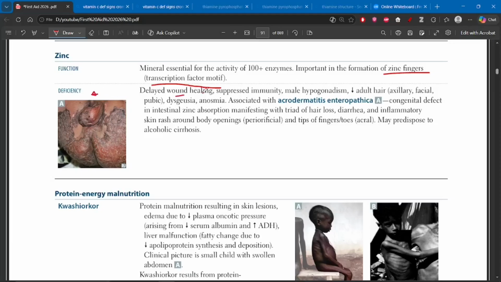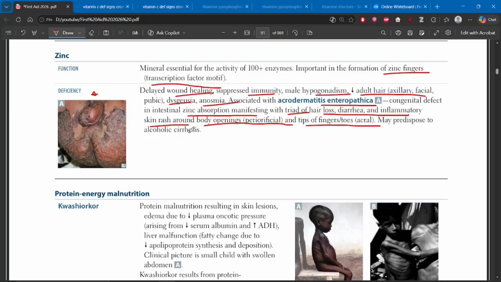It can cause delayed wound healing, suppressed immunity, male hypogonadism, decreased adult hair, dysgeusia, and anosmia. It is associated with acrodermatitis enteropathica, which is a congenital defect in intestinal zinc absorption, manifesting with the triad of hair loss, diarrhea, and inflammatory skin rash. The rash is around the body openings: the oral cavity, the anal region, and the tips of the fingers and toes.